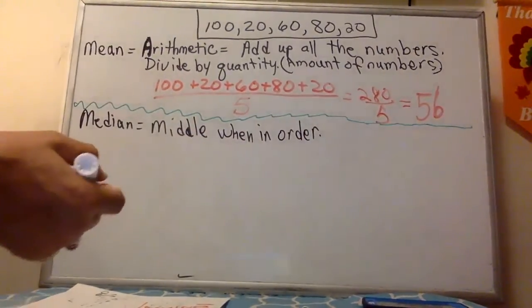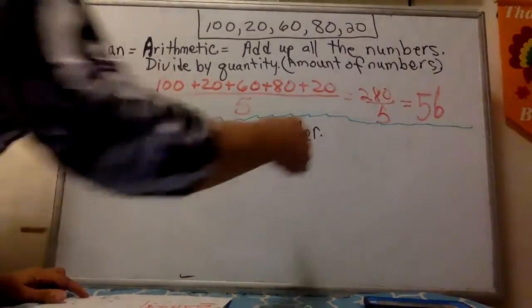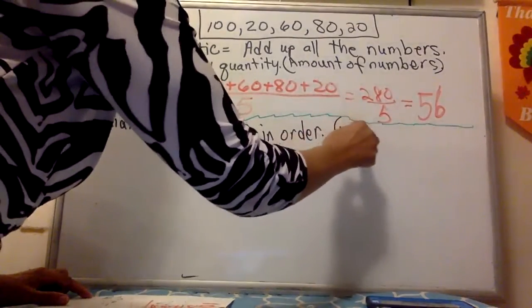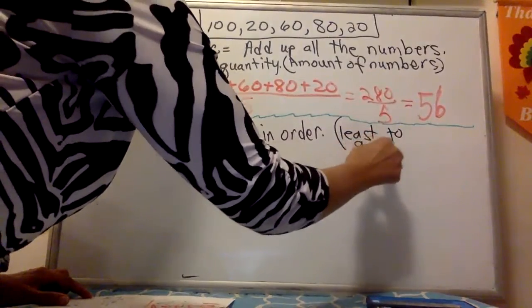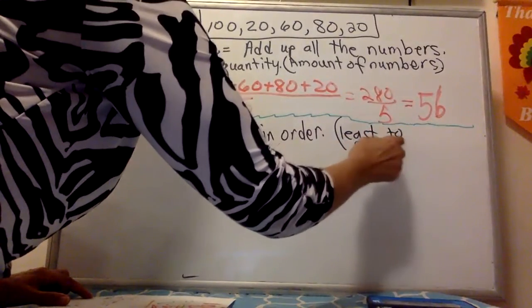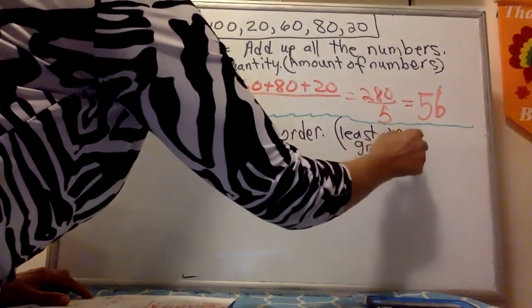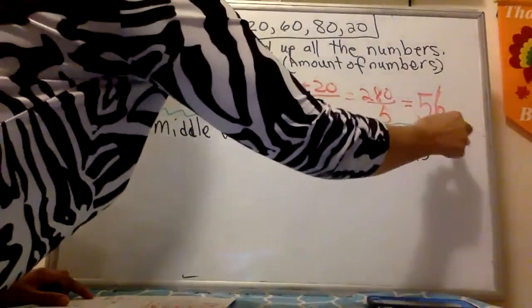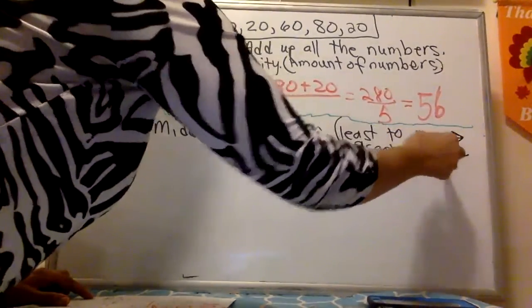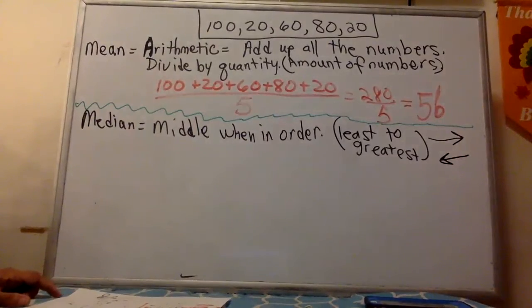So for the median, we would go least to greatest, or greatest to least. Smallest to biggest, or biggest to smallest, either way.